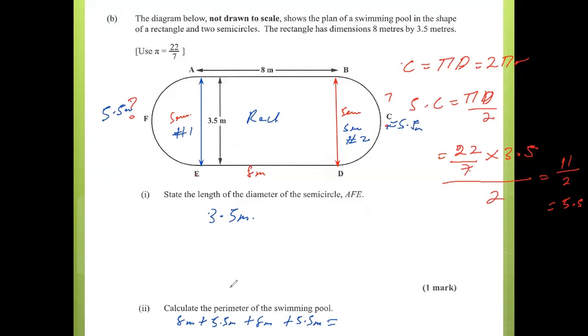All right. So finally, what would the perimeter of the swimming pool have been? We add up all this, what do we get? Anybody can help me? What's the answer for the perimeter of the swimming pool?